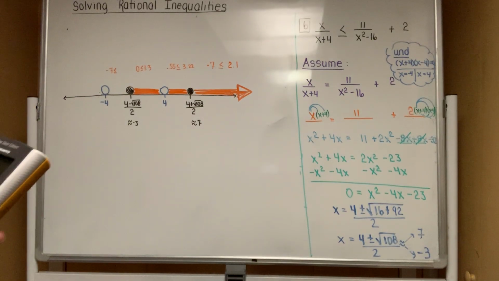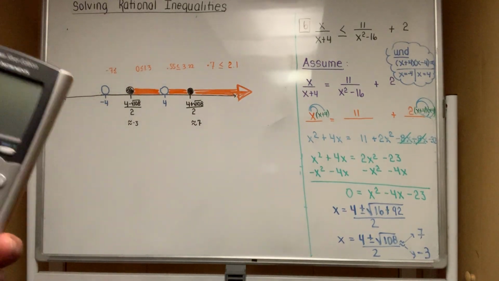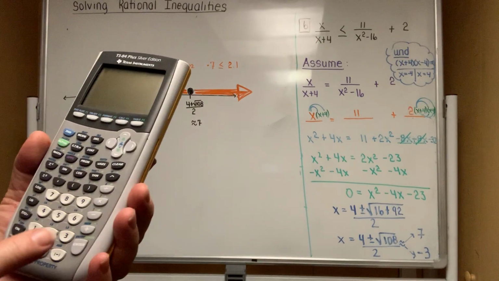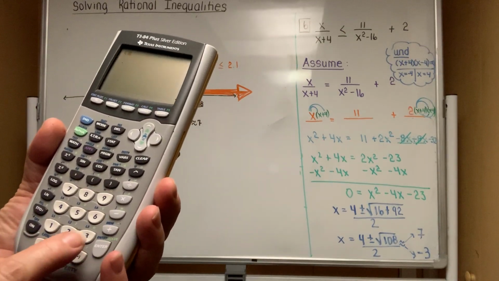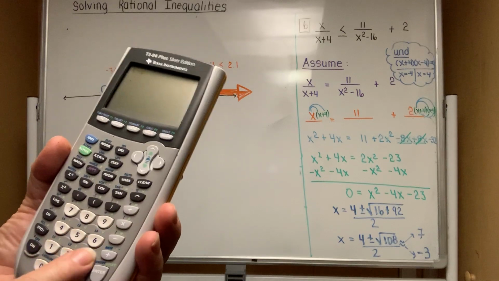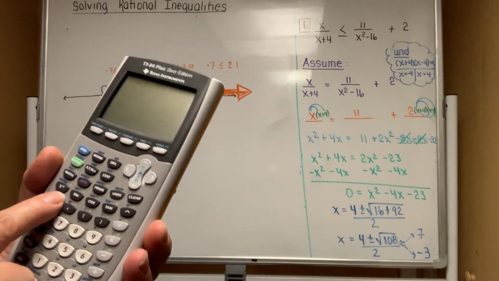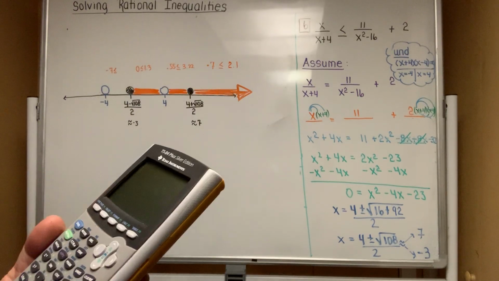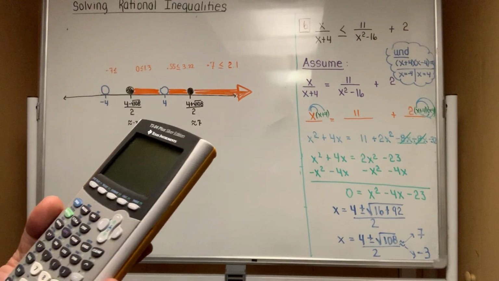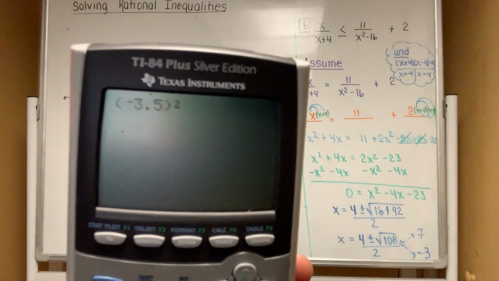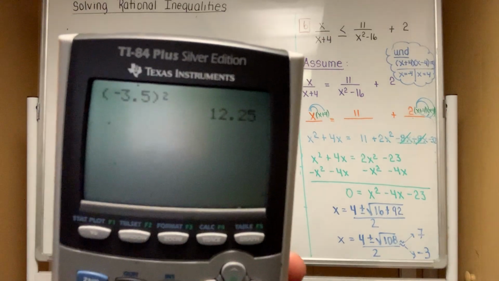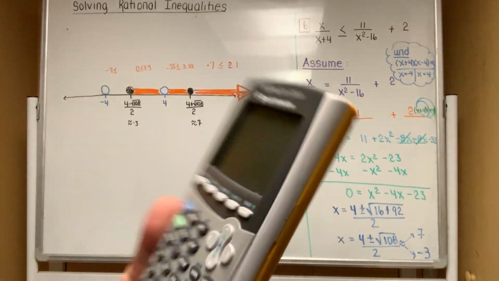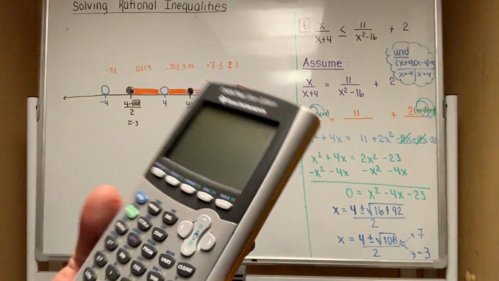Well, I don't know. First, I don't even know what negative 3.5 squared is. So negative 3.5 squared. I want to figure out what that is first so I know what number is going into the denominator. So when I square it, it's 12.25.